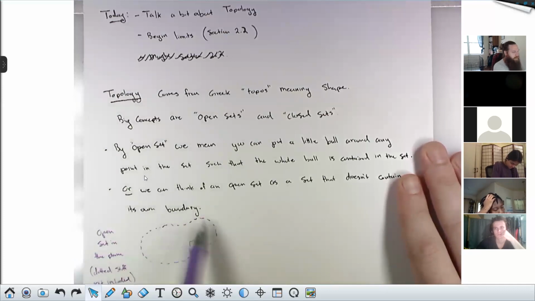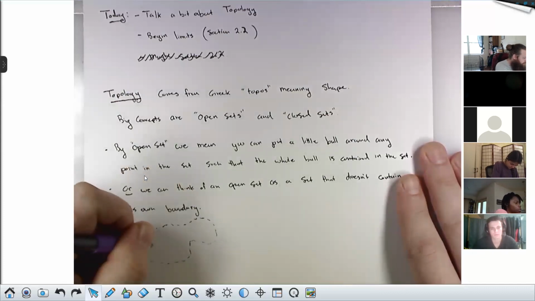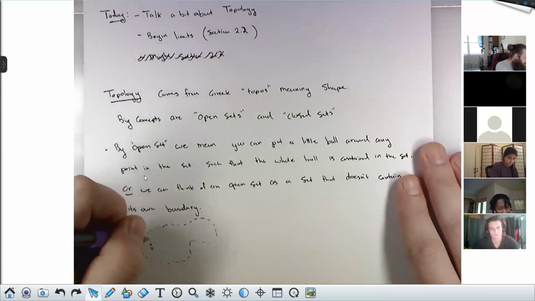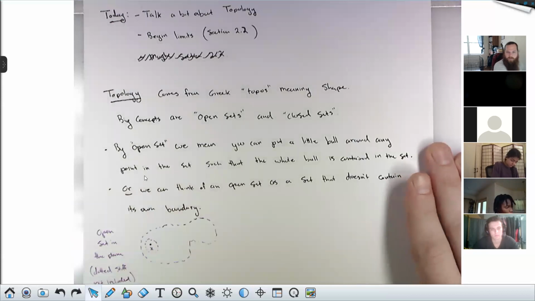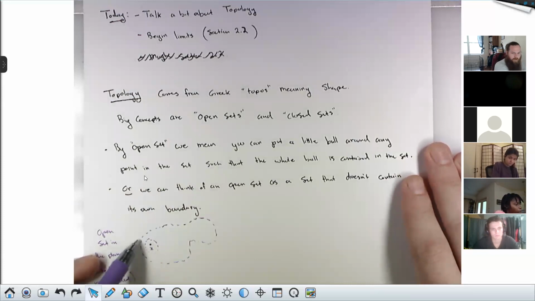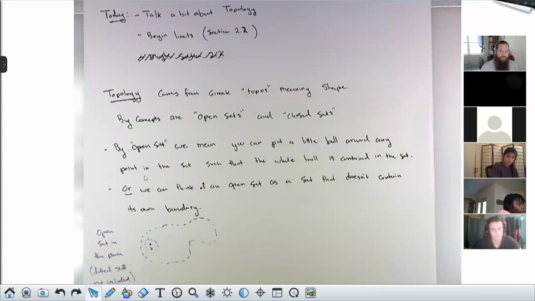The dotted stuff here would be like the boundary of this set, and the interior, the stuff that is strictly inside that, is the open set itself. Because if you take any point in here, call it X, I can put a little ball around it so that that ball is completely contained in the set. No matter how close X is to that boundary, I can always do that because the boundary itself is not in the set. In other words, I know X is coming from the inside.